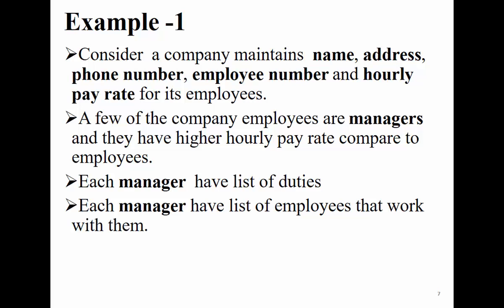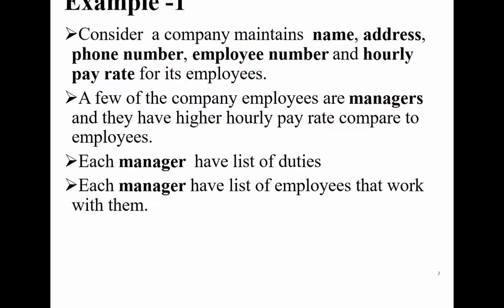Also, each manager has a list of duties to maintain. Now, when I say each manager has a list of duties, that means an employee doesn't have this kind of field. Okay? Now, each manager has a list of employees to work with. So we have some fields that are related to the manager and some fields that are related to the employee.